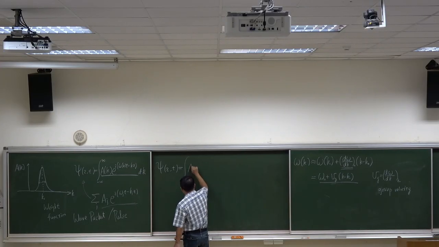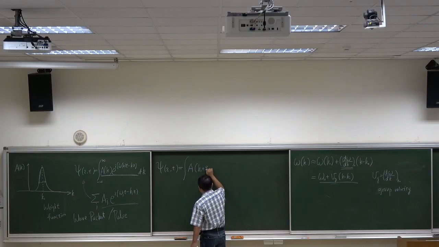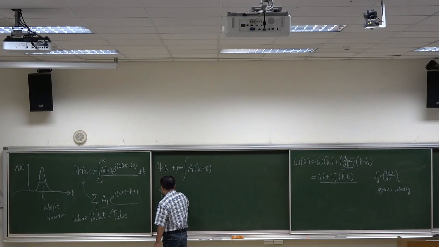We can write A(k) as A(k naught plus q). Here q is defined as k minus k naught.